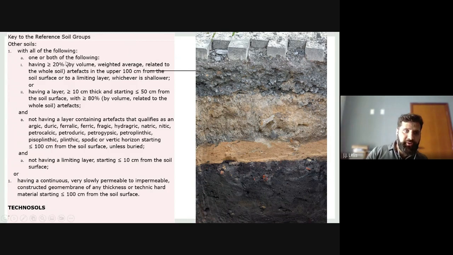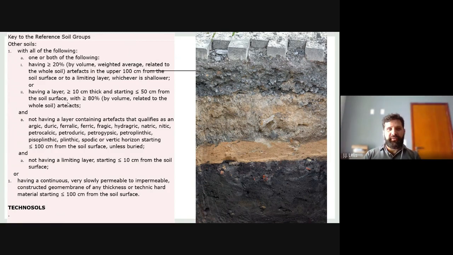This option or this option: I can find a layer with 10 centimeters or more of thickness and which starts at up to 15 centimeters from the soil surface, and this layer possesses at least 80% or more of artifacts.